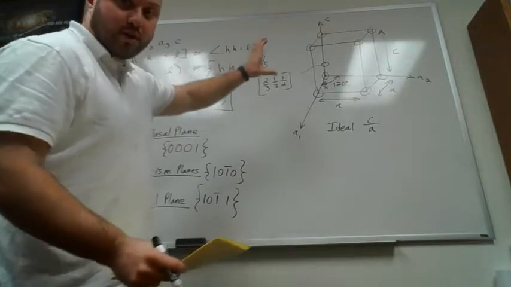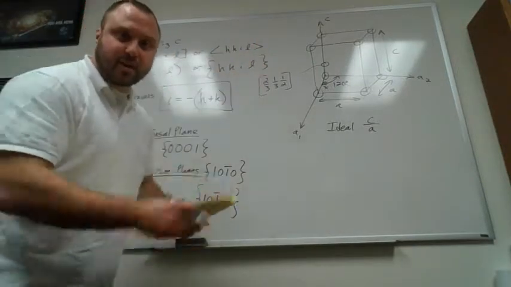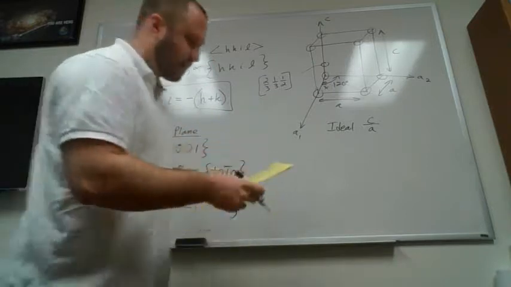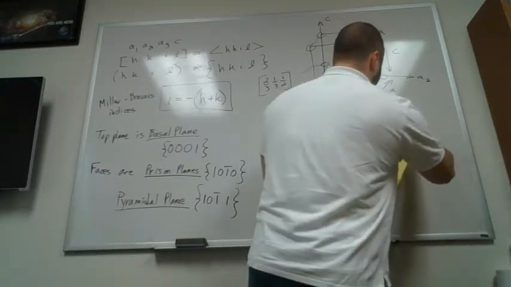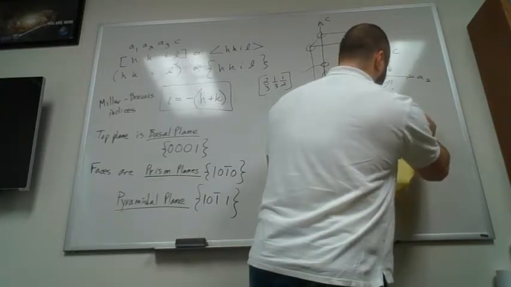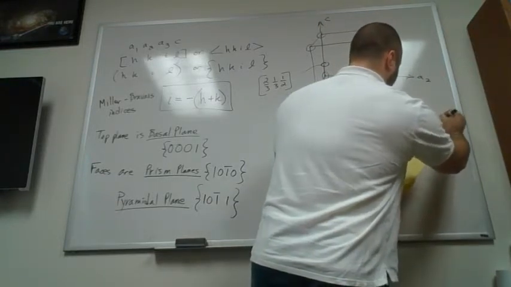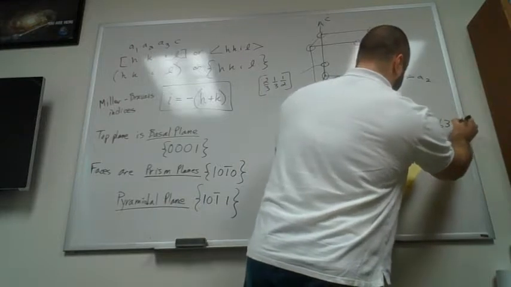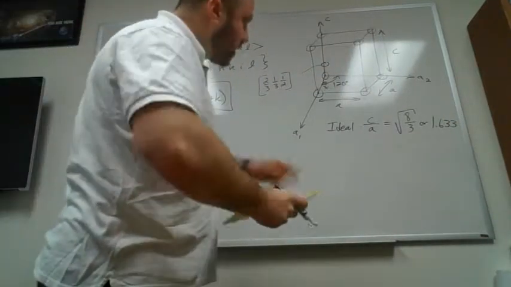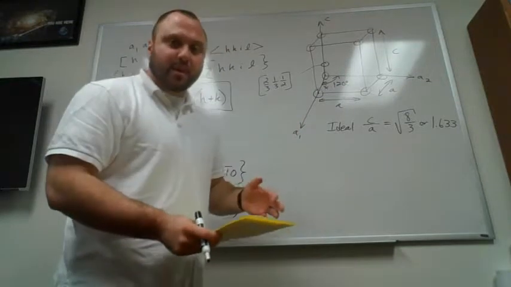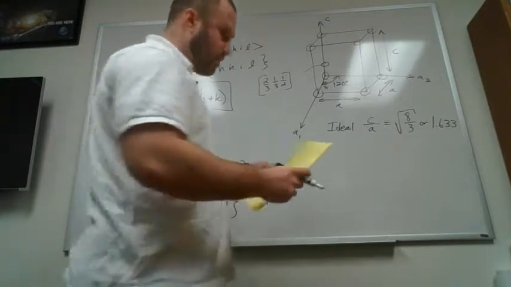So how tall would this hexagonal structure be compared to the distance inside that closed packed plane? So for the ideal ratio, it would be square root of 8 over 3, or 1.633, all right? But if we go and we plot what real HCP metals are, we're going to see something that's a little bit odd.